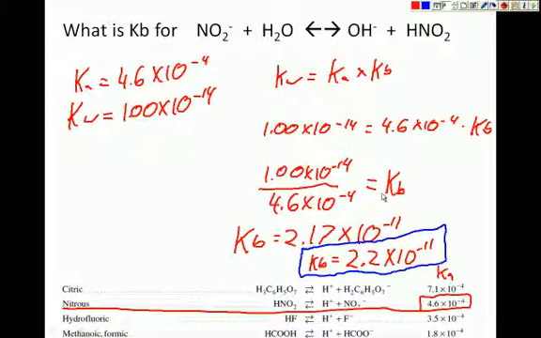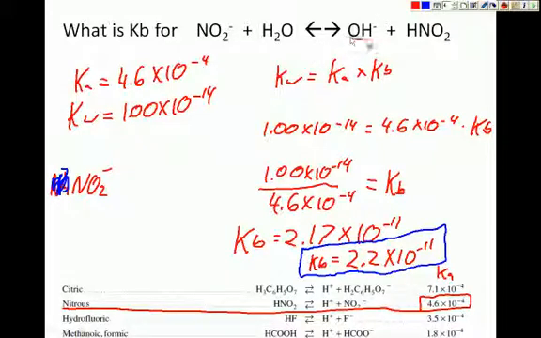Okay, and that's how we use Ka from the acid-base chart to find Kb. So we could say, if we were given a sample of NO2 or maybe NaNO2, and we're asked to find the Kb equation, well, Na is a spectator ion, so we can ignore that, and that would just be NO2 minus, and then plus a water would make OH.